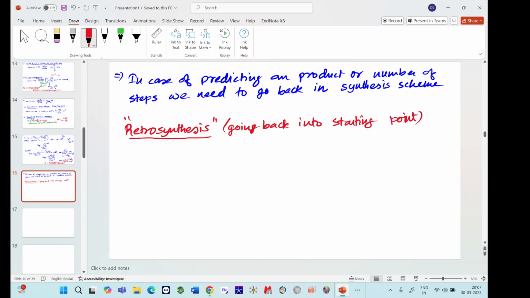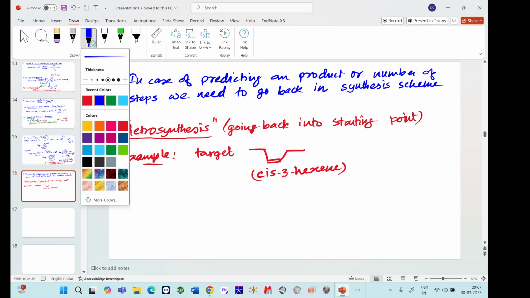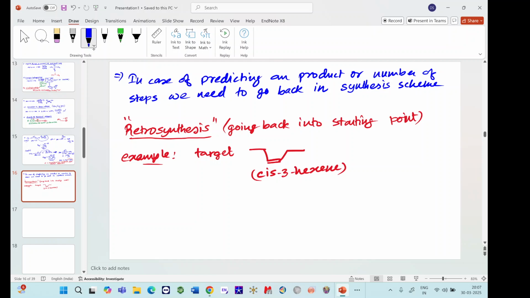So let me give you one example. Your target product is this one. Okay. Now you need to know how you can synthesize this product. So this is just to help you for the synthesis process.